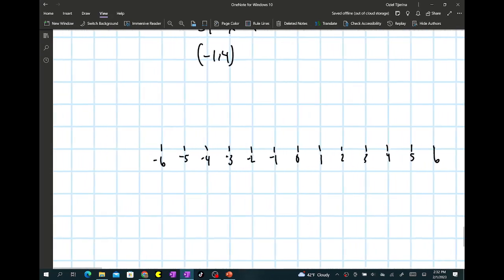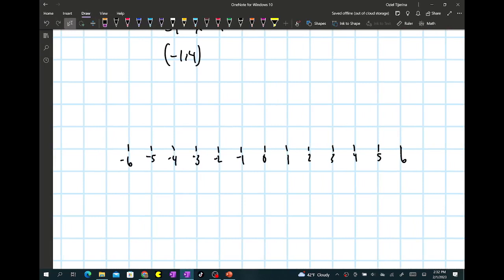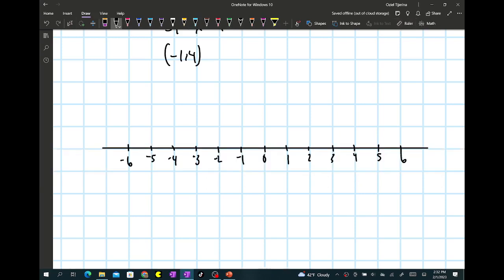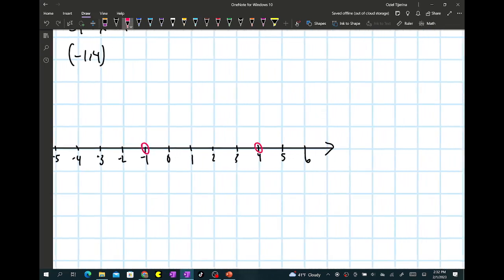I'm going to draw this number line, and I have from negative 1 to 4. So this is negative 1, and over here is 4, right?